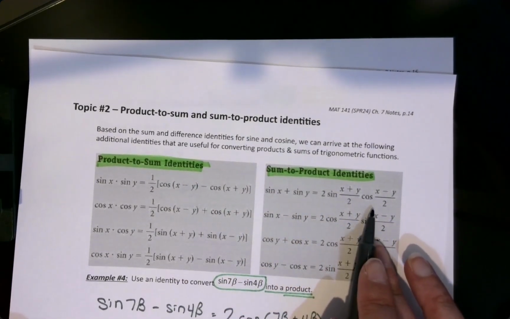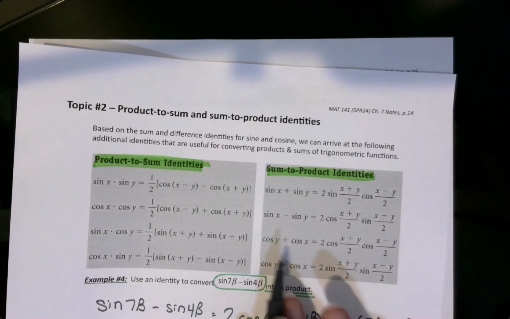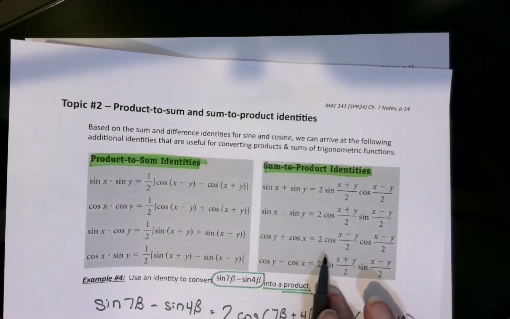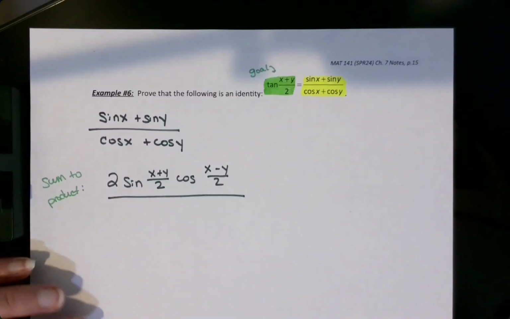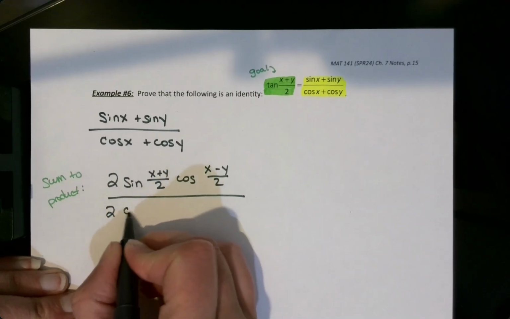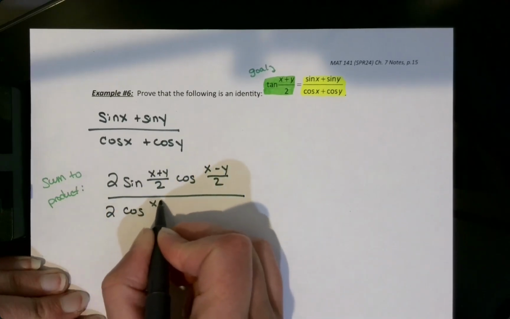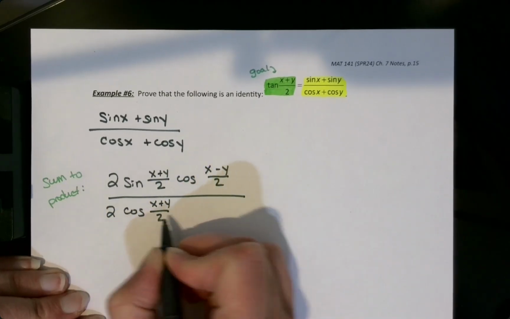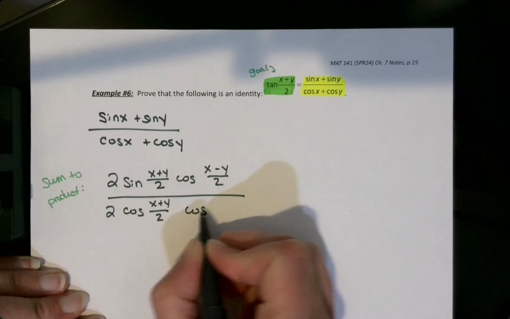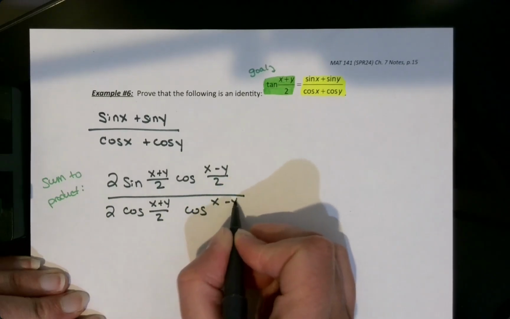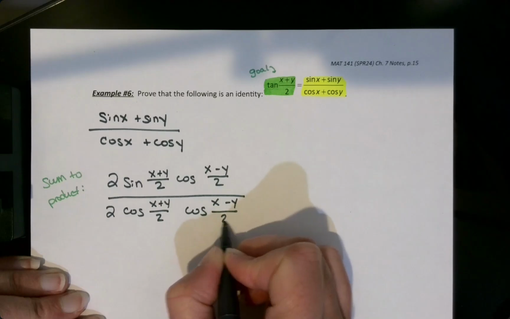Now we're going to use the identity for the sum of the cosines. So we're going to get 2 times the cosine of x plus y over 2 times the cosine of x minus y over 2.